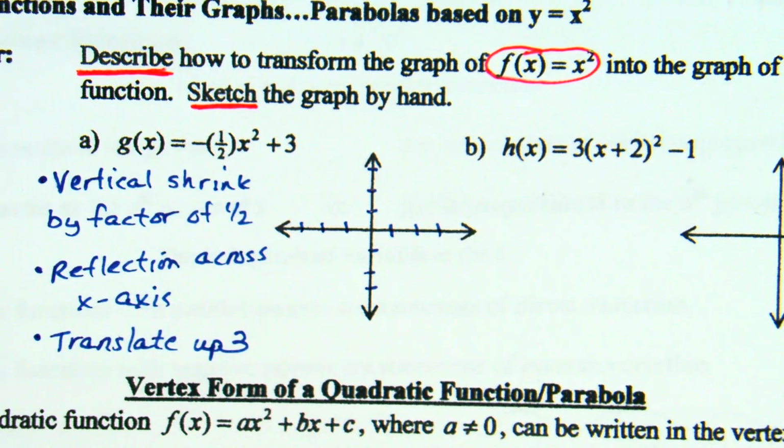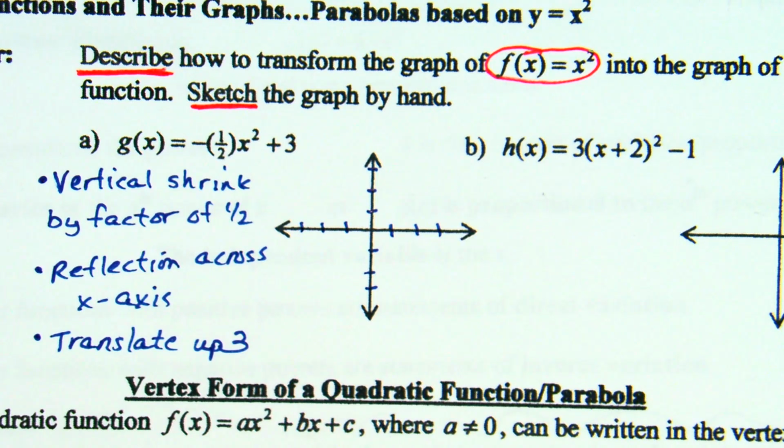If it's vertical, we're going to use it on Y. So when we talk about that vertical shrink, normally 0, 0, 1, 1, 2, 4, well, 0, 0, half of 0 is still 0. Instead of 1, 1, half of 1 will be 1/2, so it'll be 1, 1/2. 2, 4, we'll still go over 2, but half of 4 is 2, so 2, 2. So that's kind of your new XY chart.